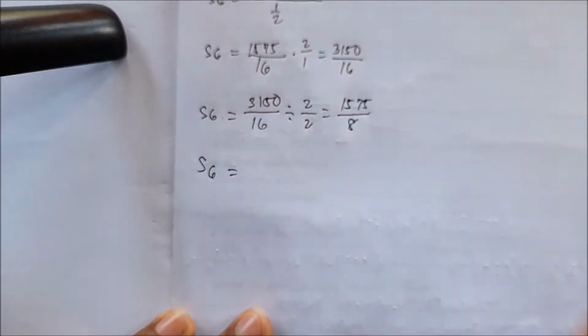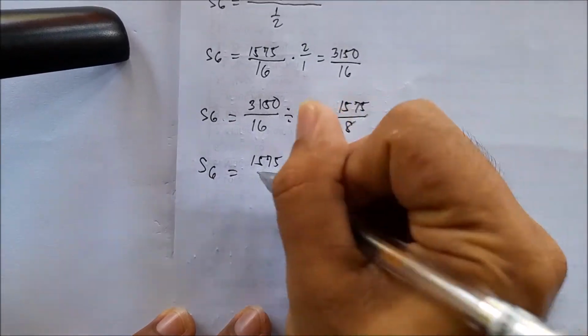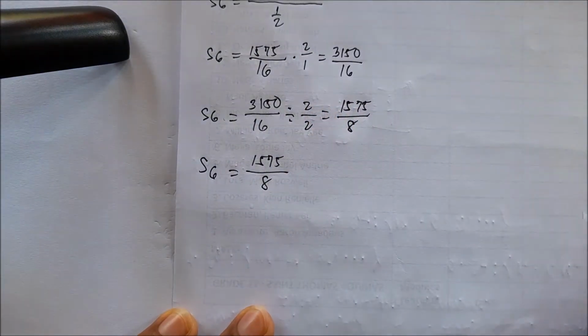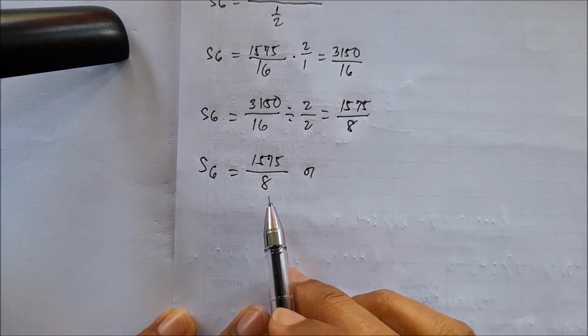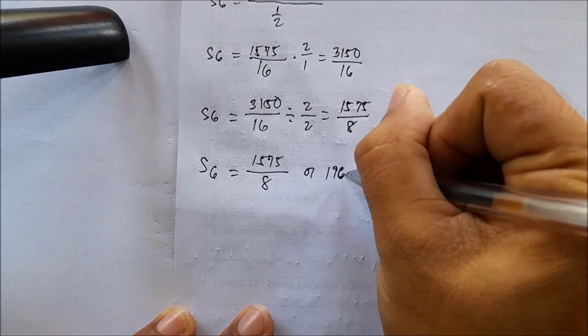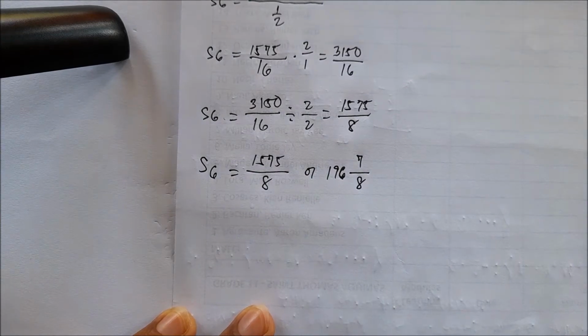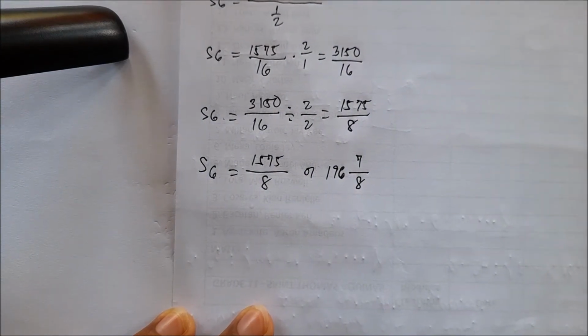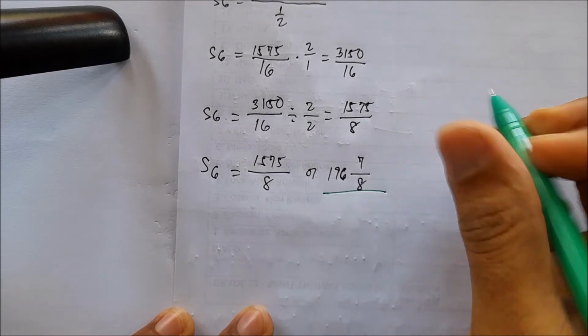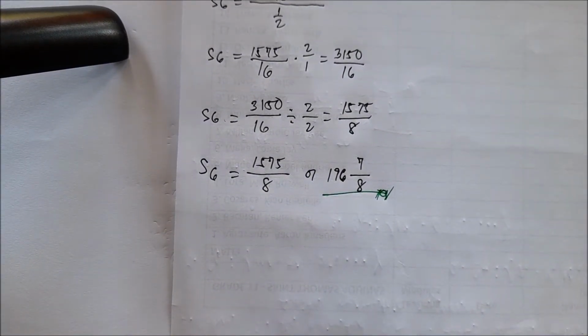S sub 6 is equal to 1,575 over 8, or in a mixed fraction, 196 and 7 over 8. So this is the final answer. So the value of S sub 6 is 196 7/8.